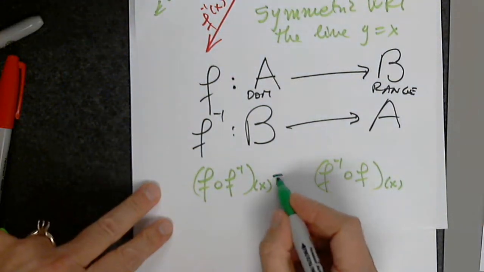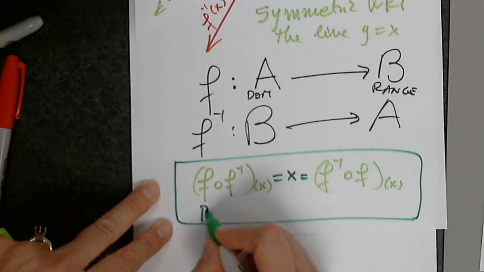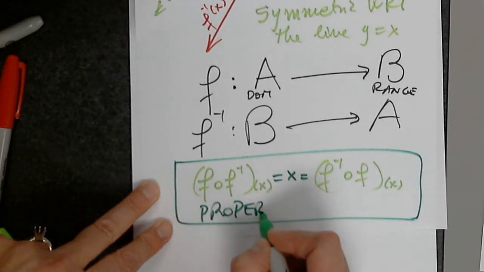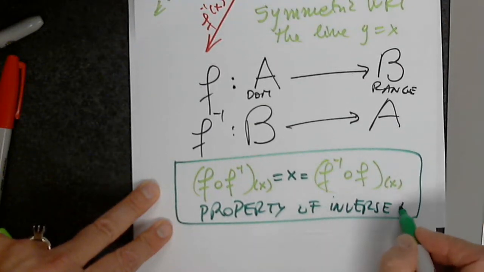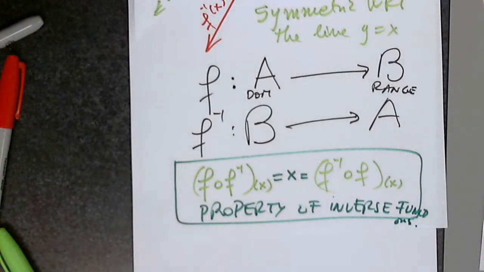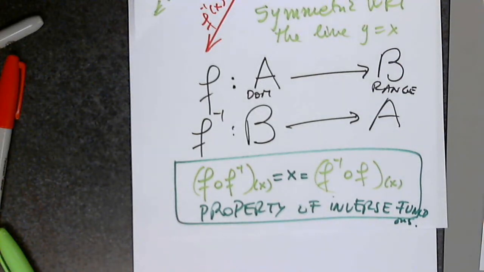X. This is called the property of inverse functions. If two functions are inverses of each other, this must be true. If they're not inverses of each other, this will not happen.